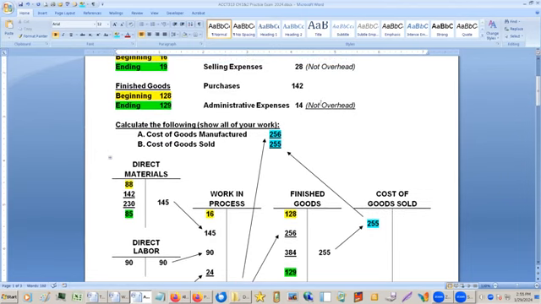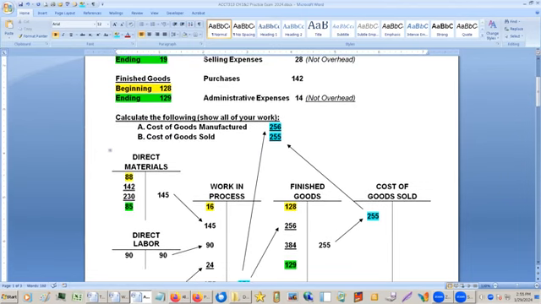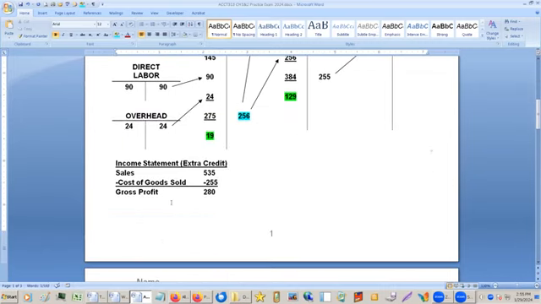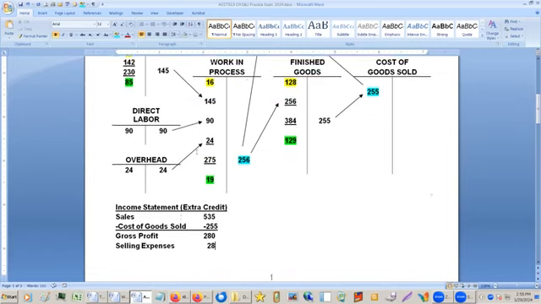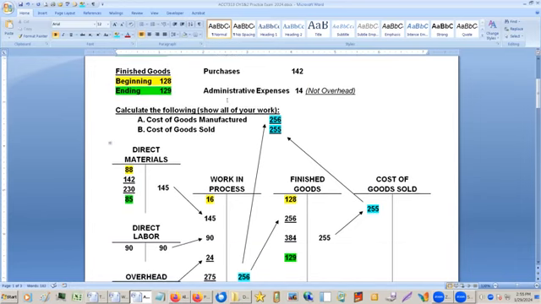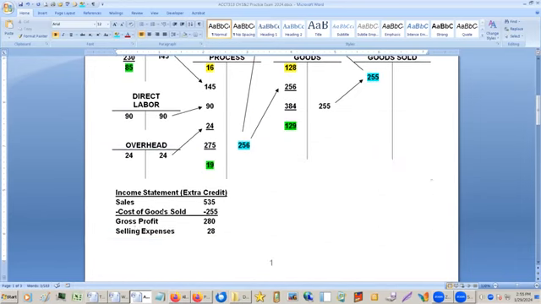And we need our selling expenses and our administrative expenses. So give us our net income.